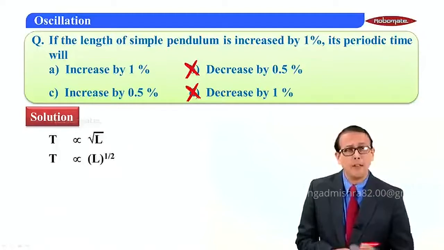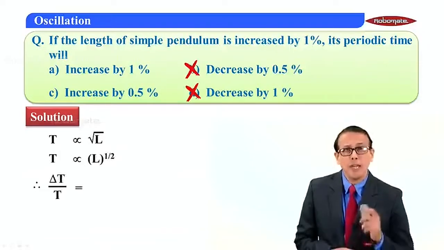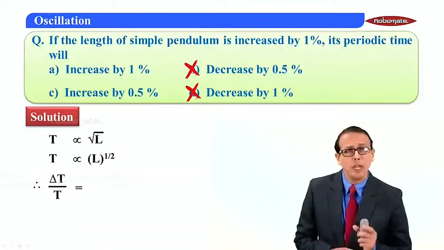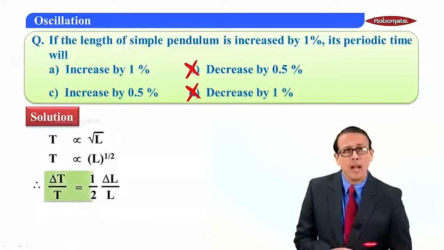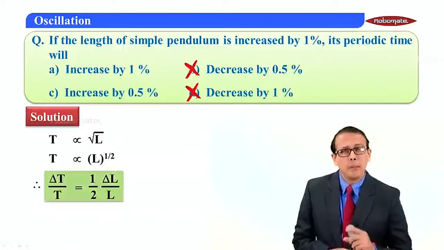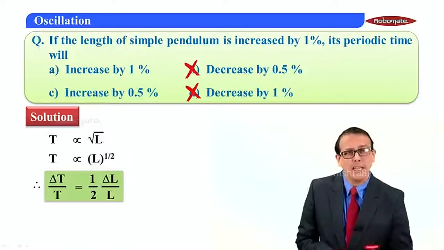Now I express left hand side in terms of percentage change. That is I write delta T upon T, that is change in time period upon original time period, which is nothing but percentage change in time period, is equal to, take that power ahead, half delta L upon L. That means percentage change in time period is half of percentage change in length.